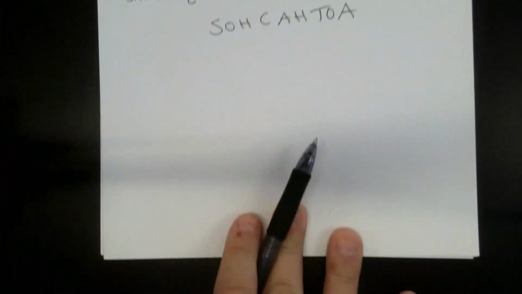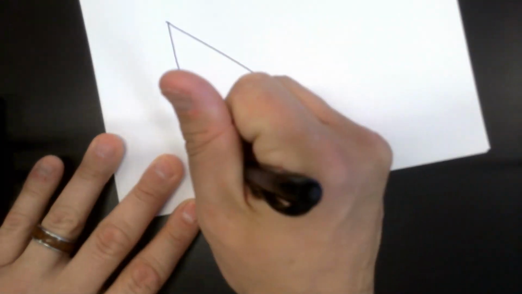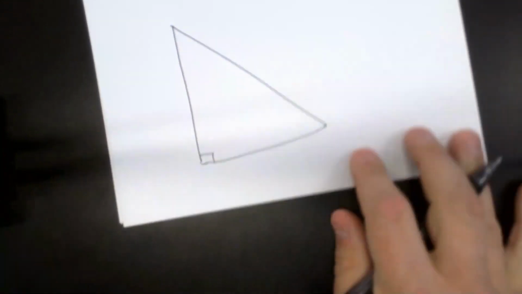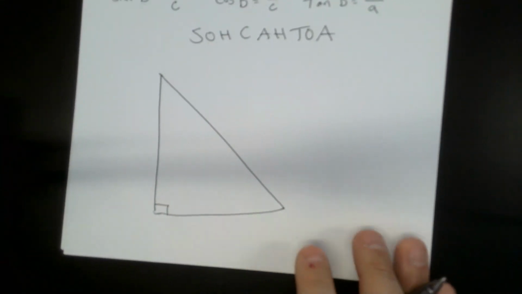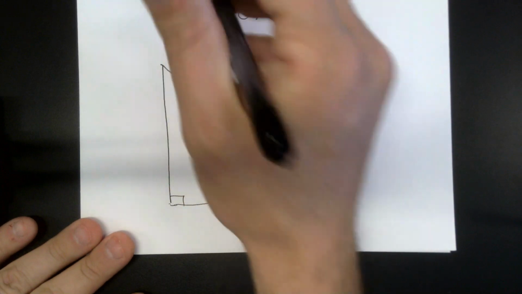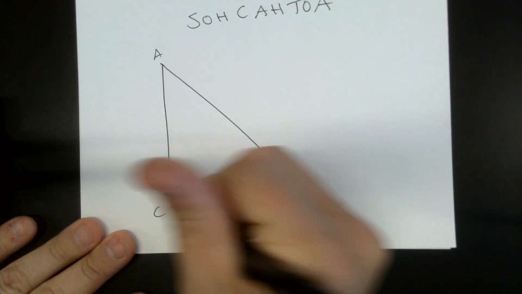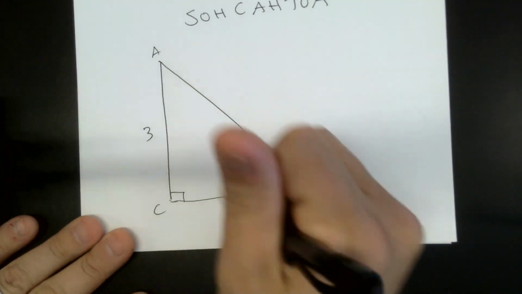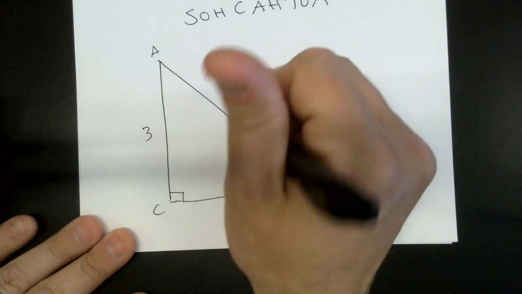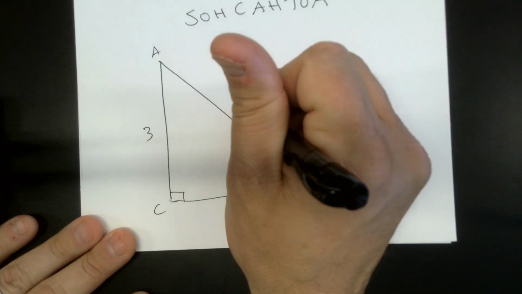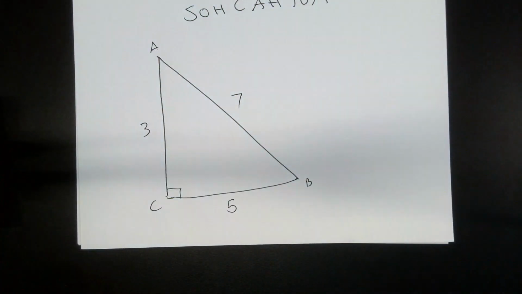If we had a triangle like this, let's say we call this A, B, and C again, and the sides are 3, 5, and 7.